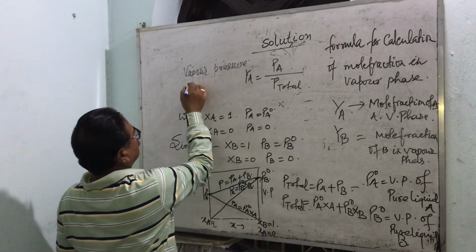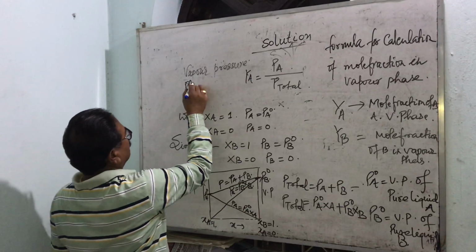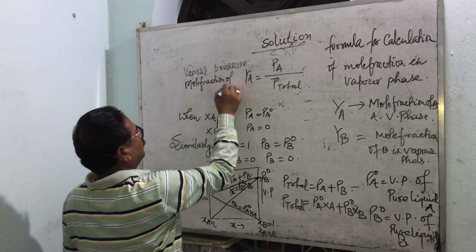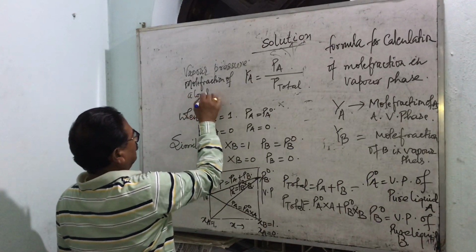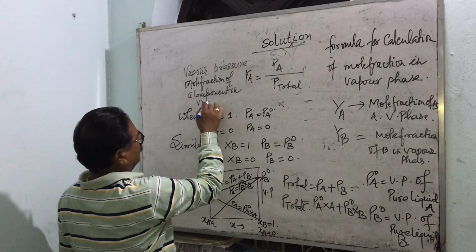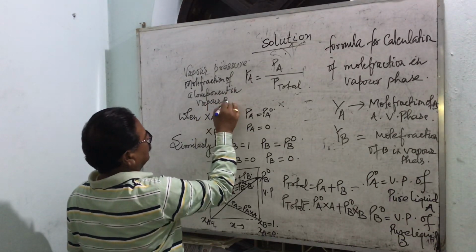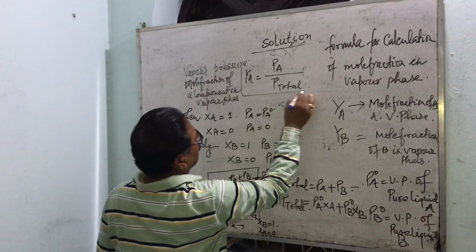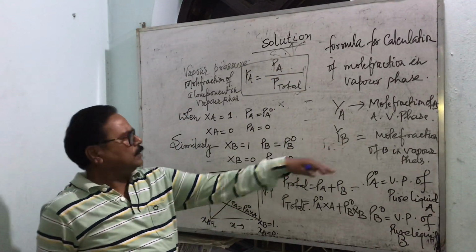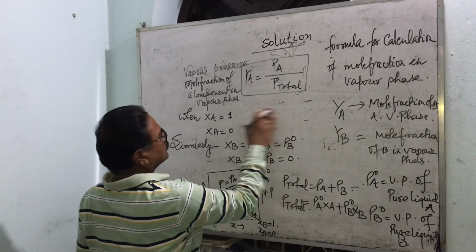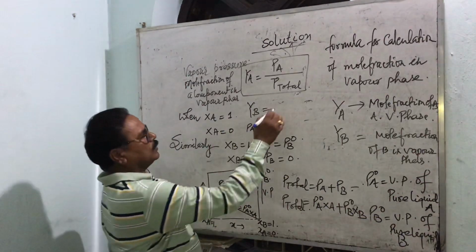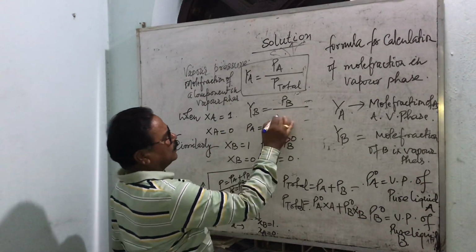This is the formula for the mole fraction of a component in the vapor phase. Similarly, we can write the mole fraction for component B: YB is equal to PB by P total.